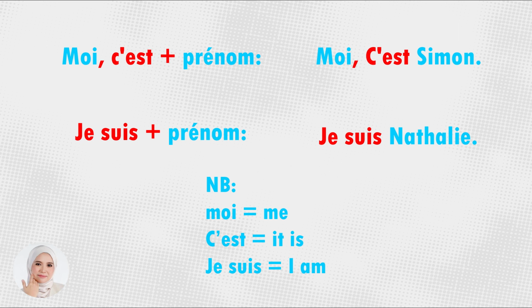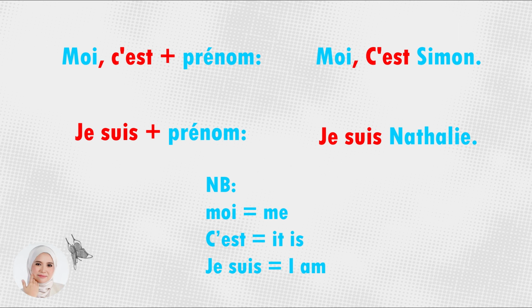So moi, c'est means me, it is. Let's take for example my name, Haslinda. Moi, c'est Haslinda. Or moi, c'est Anita. Or moi, c'est Simon. Not chess, but c'est. Just now we used the verb s'appeler to tell people our name: je m'appelle. But here you have c'est. You use the verb être to say that your name is Simon or your name is Haslinda.